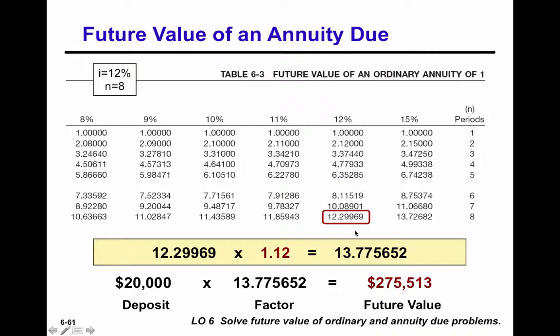Again, and you can see this in your textbook if you look at the 12% column for 9 periods, you'll find that the factor that shows there is 14.77, and consequently, if you subtract 1 from that, you end up with the 13.77 that we're using in this process.